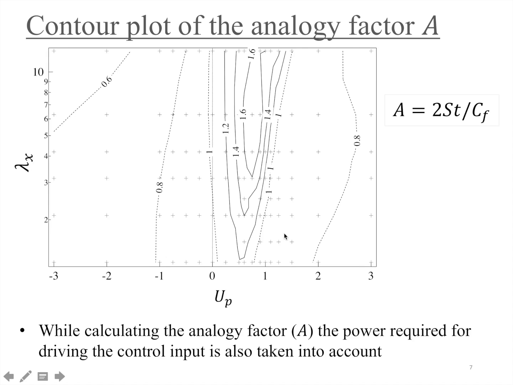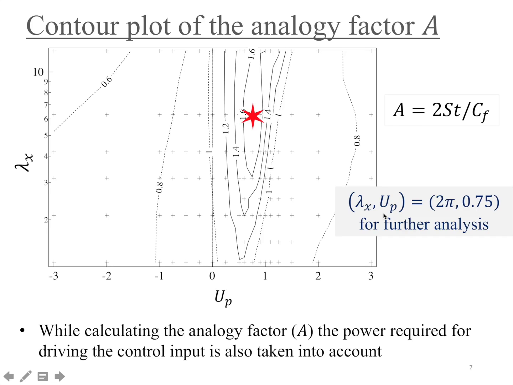Coming to the result, shown here is the contour plot of the analogy factor plotted as a function of lambda x, that is wavelength, along the y-axis and phase speed along the x-axis. As you can see, a value of A greater than 1 is achieved for phase speed ranging between up equal to 0 and 1.5, and the maximum value is obtained for a lambda x, up combination of 2 pi and 0.75, and hence this point will be used as the reference point for understanding the mechanism of dissimilar heat transfer enhancement.